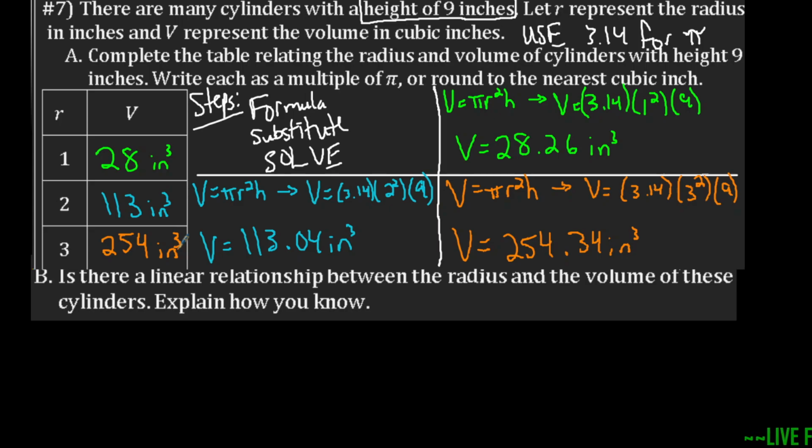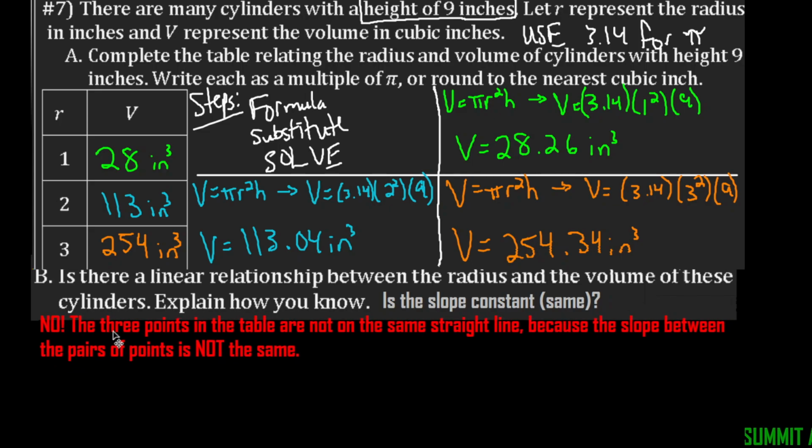Then in part B, it says, is there a linear relationship between the radius and the volume of these cylinders? Explain how you know. And what that means is the slope constant, meaning the same? And what we're going to say is no, the 3 points in the table are not on the same straight line, because the slope between the pairs is not the same.